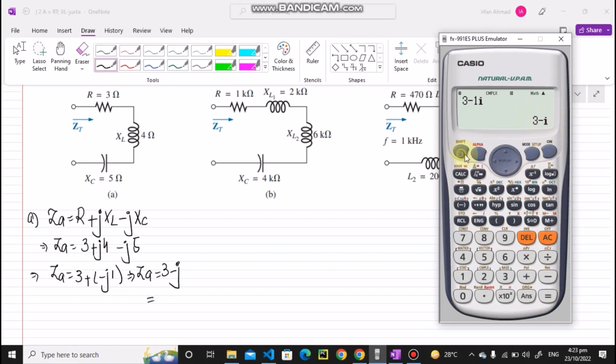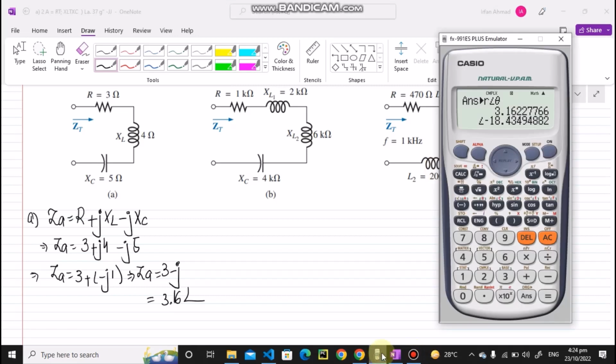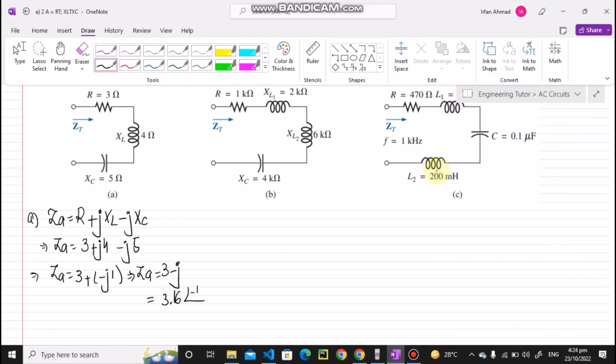Converting it into the polar form, let me press shift here, and complex, in complex I have to press 3 and it will give me the answer, and converting into the polar form I will get 3.16, and the angle here will be minus 18.43 degrees is the angle associated with it, and that is in ohm.